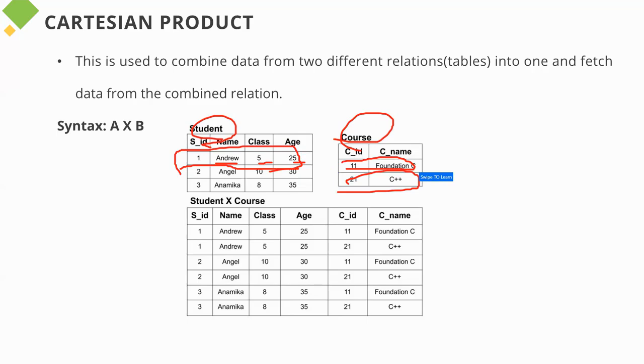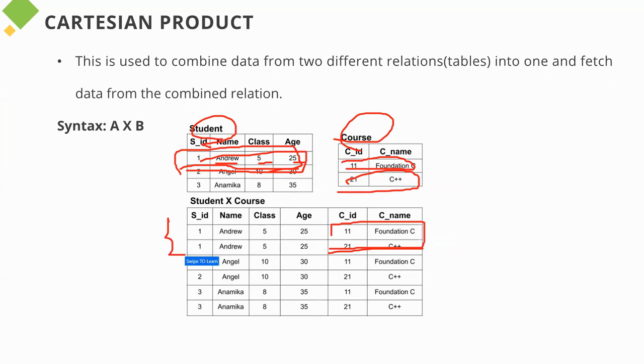They may contain the same attributes or different attributes, no problem. For this tuple Andrew 1, Andrew 525, I'll be adding 1 1 foundation C and 2 1 C++ as a set.